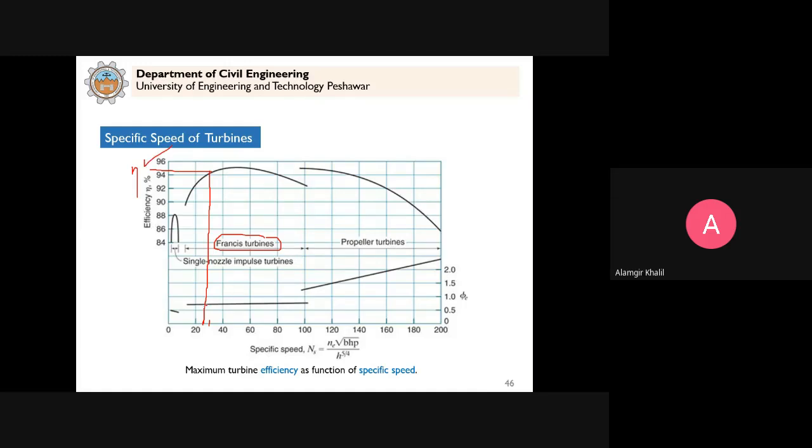So now we need to estimate the runner diameter. This is the phi value that you will take. So this is around how much? This will be around 0.7 from the figure. If you accurately draw, this will be around 0.7 from this figure.